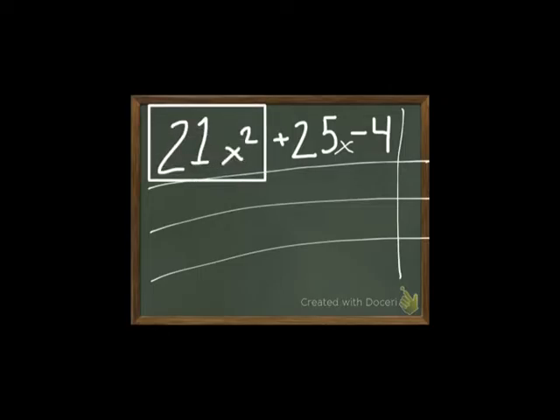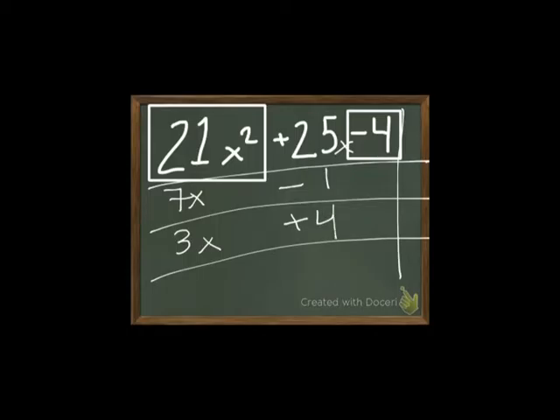What and what multiplied give you 21x squared? I don't know, 7x and 3x. Then we go for the last term, negative 4. What and what multiplied give you negative 4? Minus 1 and plus 4.